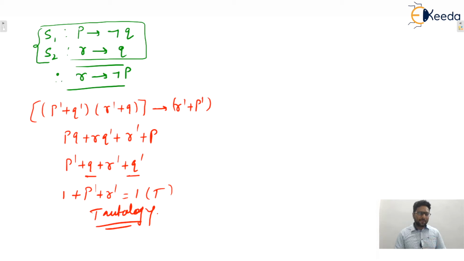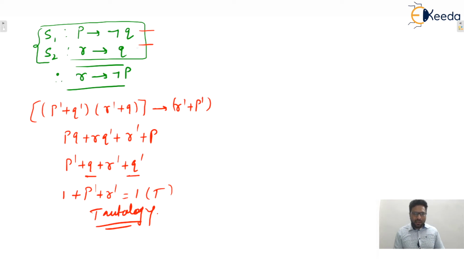How can we see this question with the help of rules of inference? Two statements are given, these are the hypotheses or premises. Premises can be written in any order, whether S1, S2 or S2, S1.